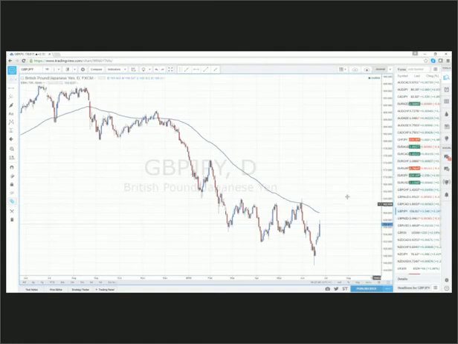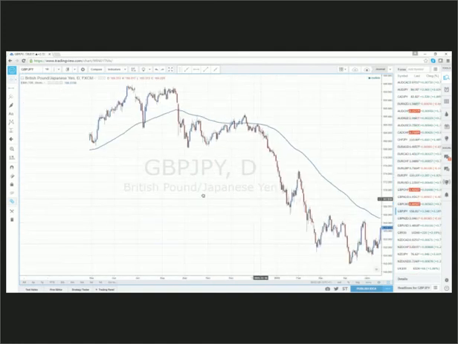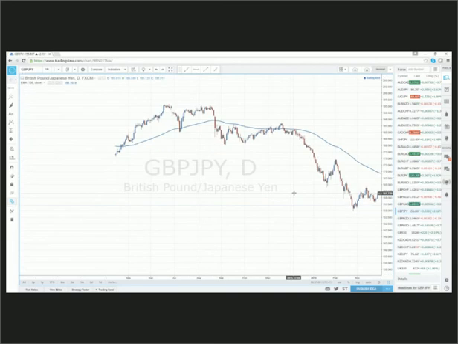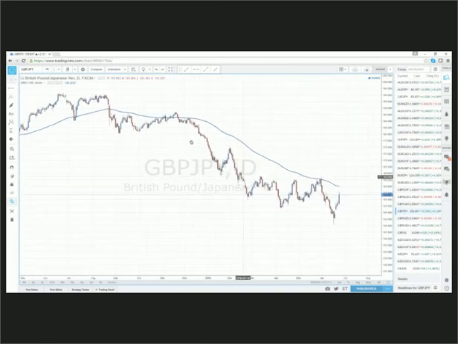Look at the pound yen. What do you reckon that is? Be honest now. We're going into a bit of an ugly phase there, but ultimately this market has been moving down, and only just, in fact it's not even done that just, it's still not broken the previous swing high.